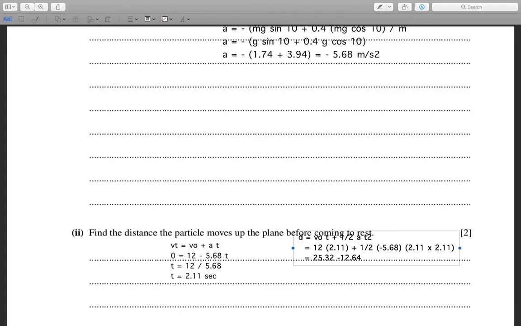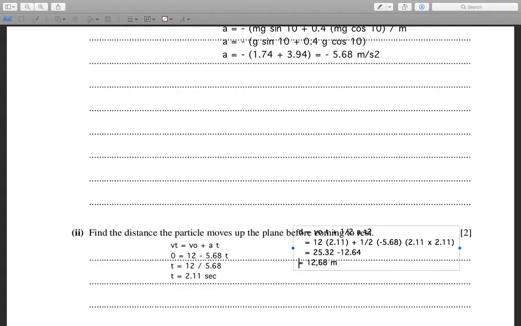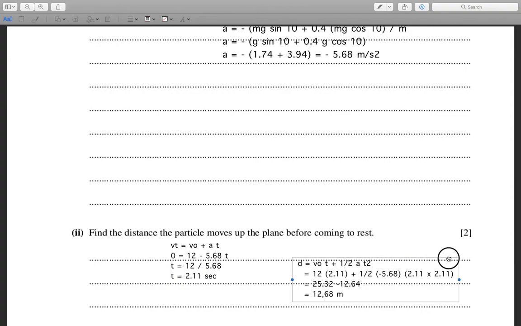And then if we sum up, this is 25.3 minus 12.64, around 12.676, so maybe 12.68 meters. Yes, this is the answer. The distance until the particle comes to rest is around 12 meters.